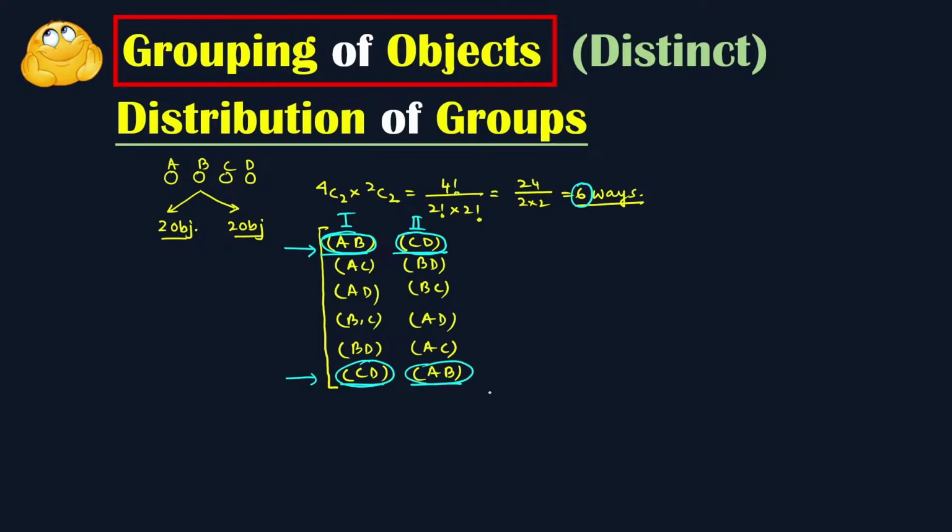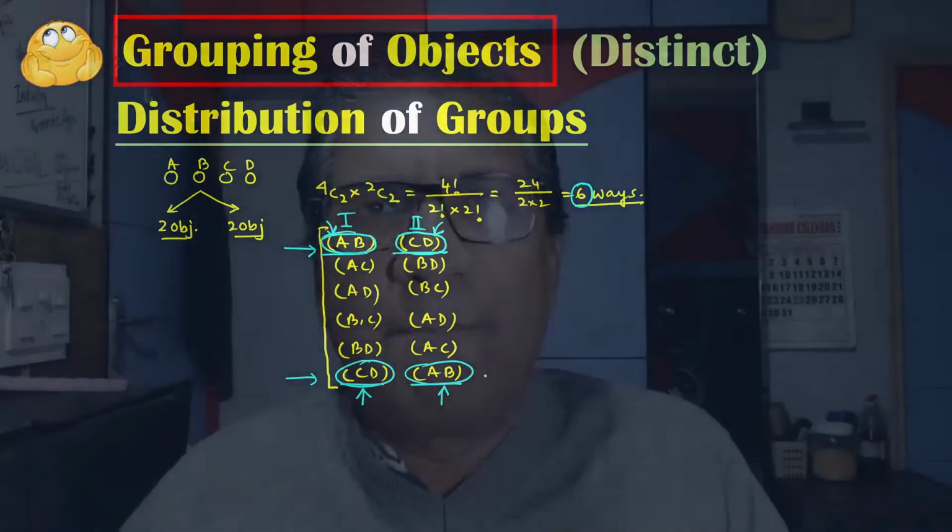Am I correct or not? Because now CD has been identified by group 1 and AB by group 2, and in the first case, AB is identified by group 1 and CD by group 2. So these 2 will be different.